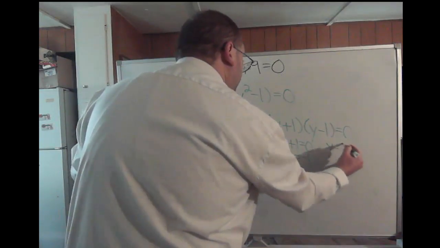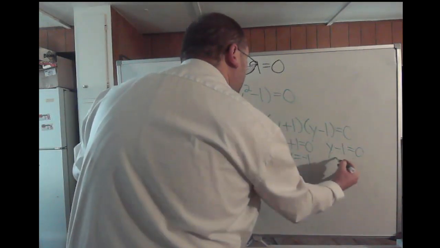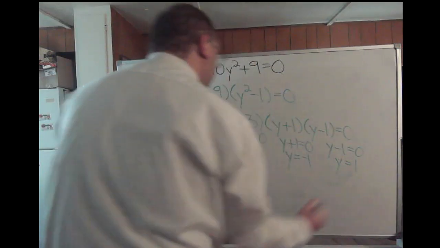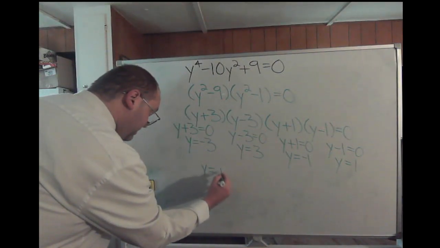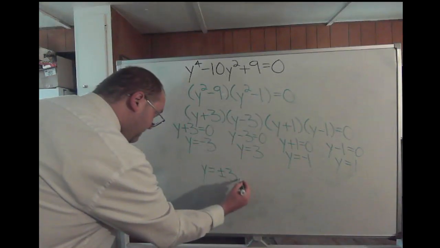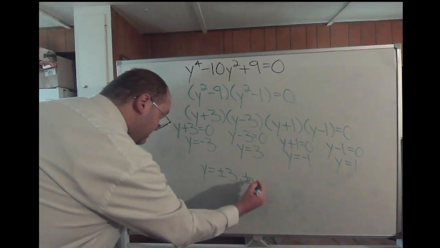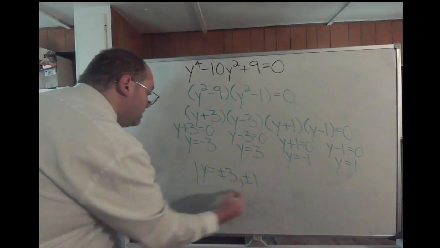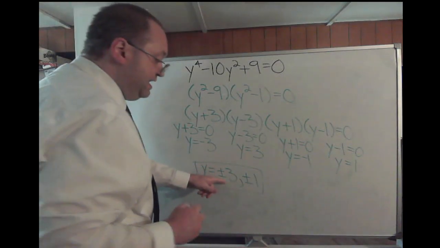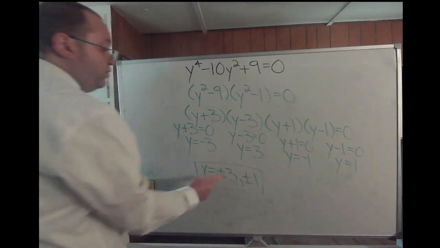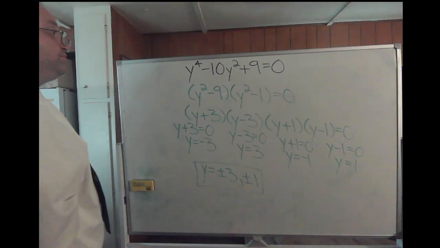And then y minus 1 equals 0, y equals 1. So your 4 solutions for y are going to be plus or minus 3, and then plus or minus 1. Those plus or minus denotes that you have a positive and negative on each. So this is really 4 solutions.